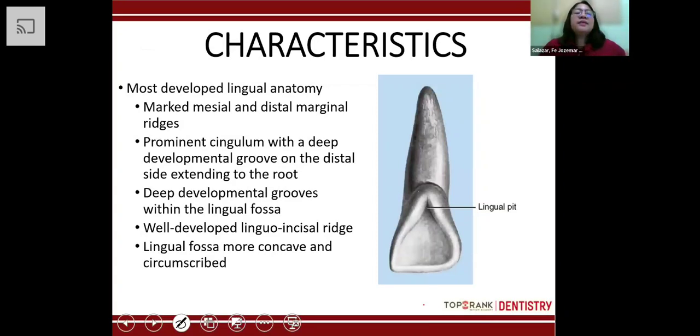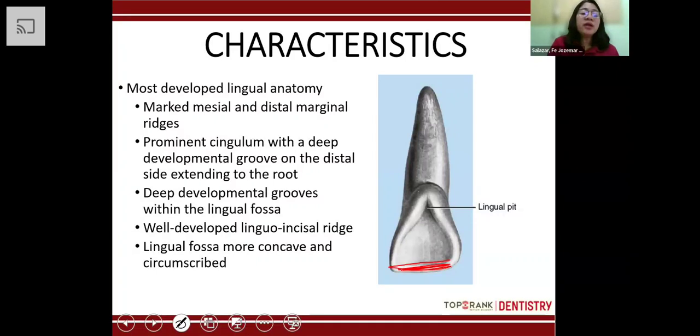It has the most developed lingual anatomy. So you have marked, pronounced mesial and distal marginal ridges, a prominent cingulum with a deep developmental groove on the distal side extending to the root, your palatoradicular groove or lingogingival groove or distogingival groove. Deep developmental grooves within the lingual fossa, well-developed lingo-incisal ridge.